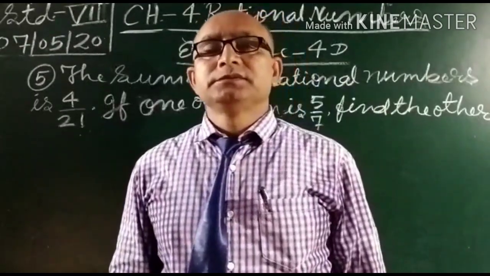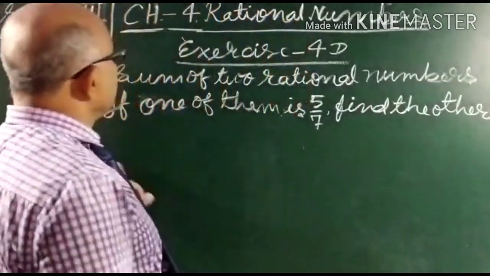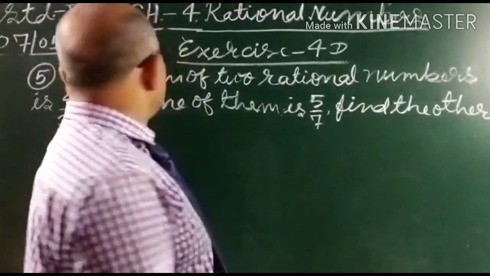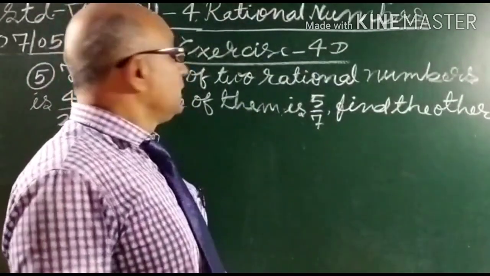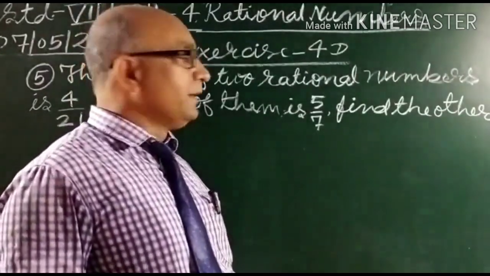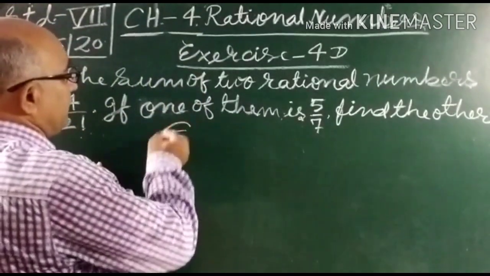One question again, write on this board. It's question number 5. The sum of two rational numbers is 4 by 21. If one of them is 5 by 7, find the other. Students, question number 5.